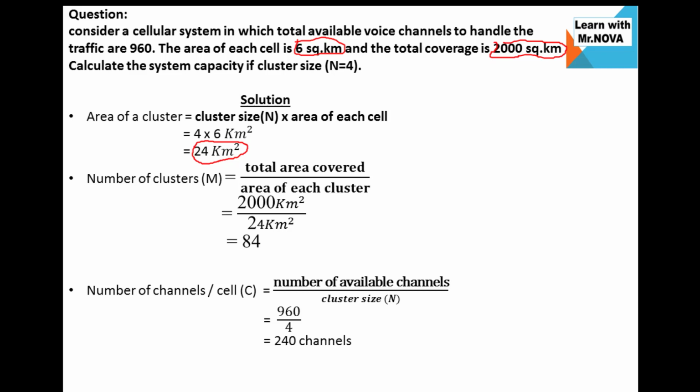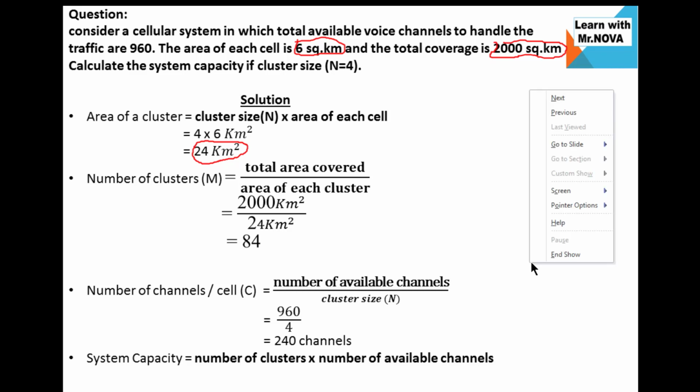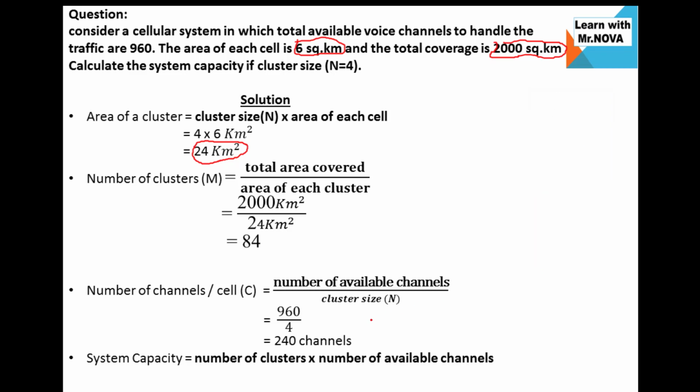And lastly, we have to calculate the system capacity, which is given as the number of clusters multiplied by the number of available channels. We have already gotten the number of clusters as 84, and the number of available channels is 960.